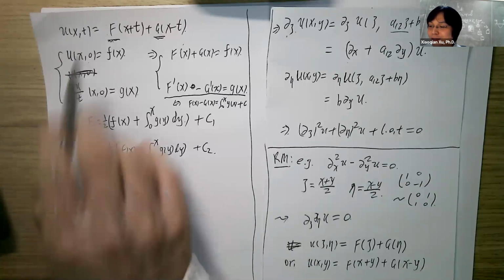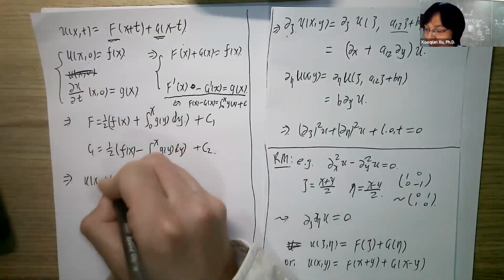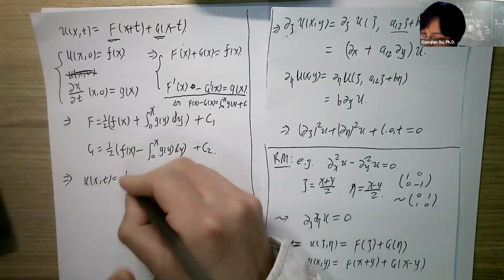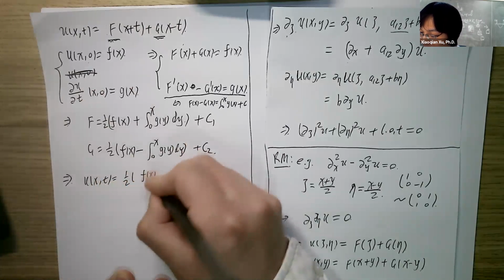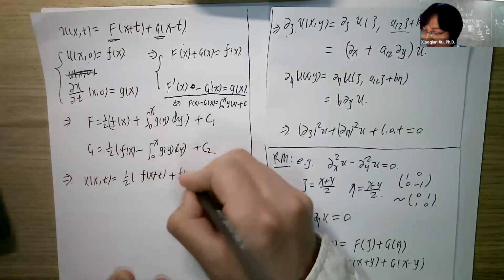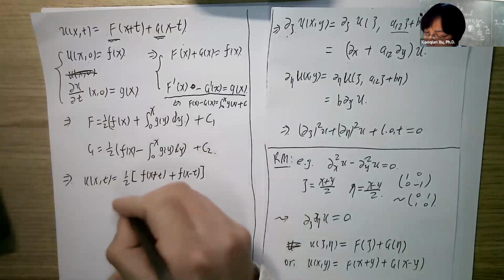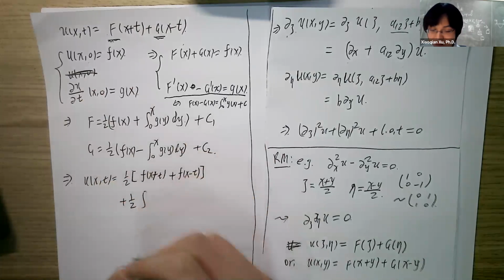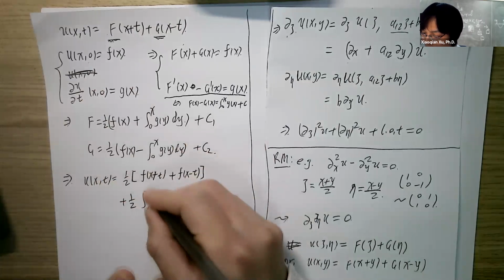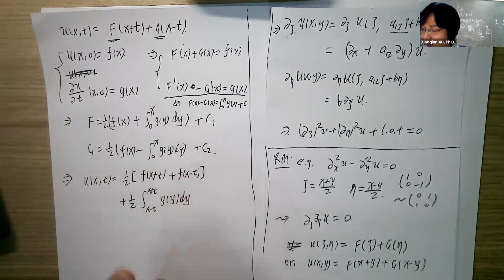So that means your u is of this form: u(x,t) must equal 1/2 [f(x+t) plus f(x−t)], plus 1/2 times the integral from x−t to x+t of g(y) dy.